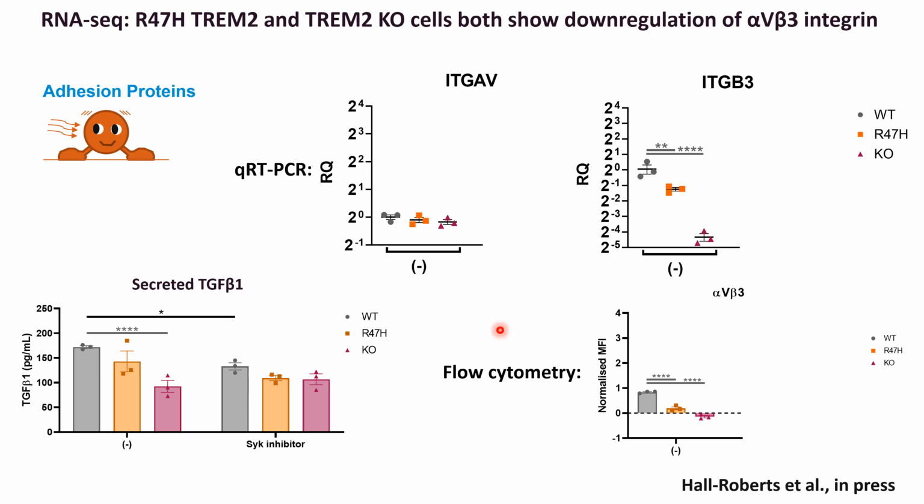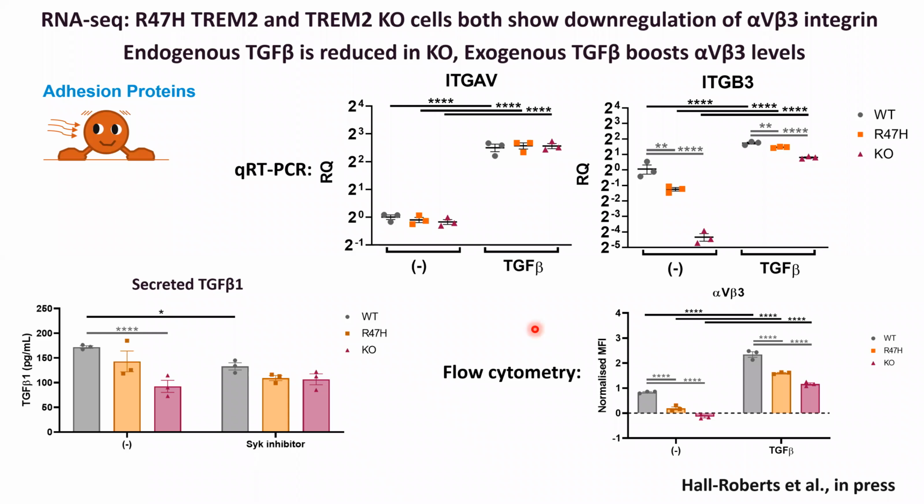So we reasoned that maybe if you increase the amount of TGF-beta in the culture, it will rescue the expression of adhesion proteins. And indeed it does. So integrin alpha V beta 3 is upregulated at both the transcriptome and the protein level when the cells are incubated with TGF-beta.